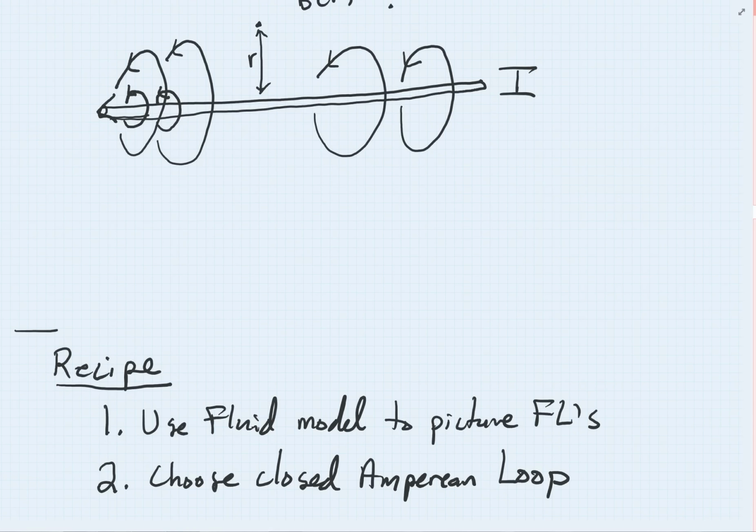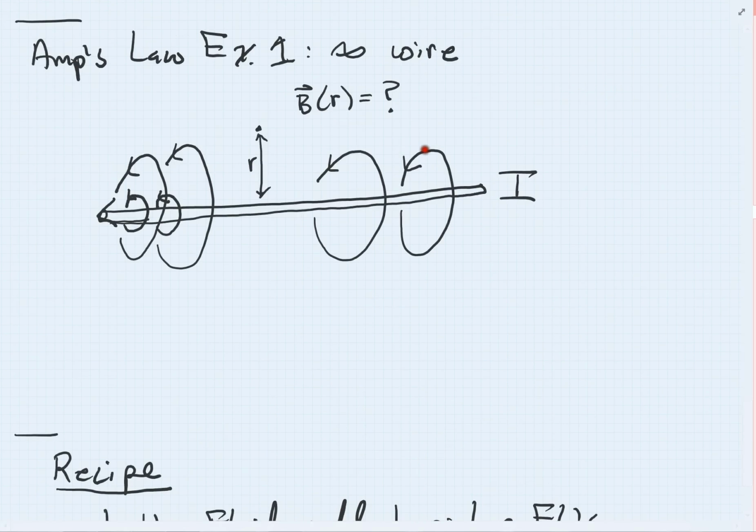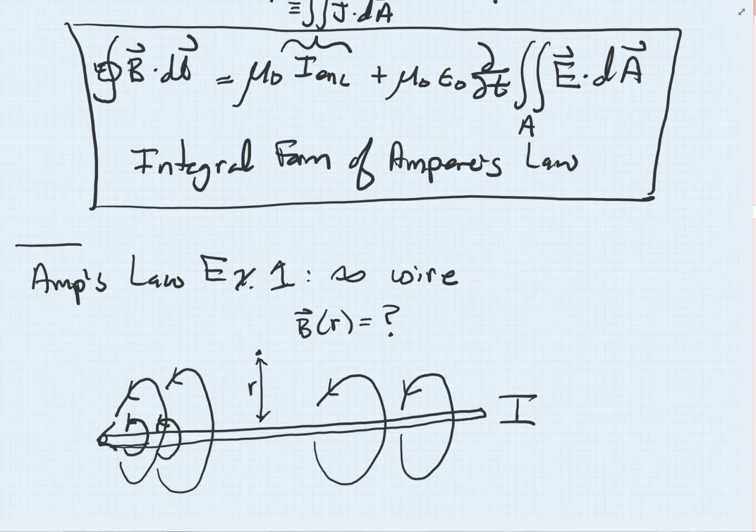And when I choose that loop, the same kind of rules apply that applied for Gauss's law. The first rule is that it has to pass through the point of interest. If it doesn't pass through that point, then I can't guarantee that I'm going to be learning anything relevant about the field at the point that I want. The second thing is that, just like Gauss's law, we have a dot product involved.